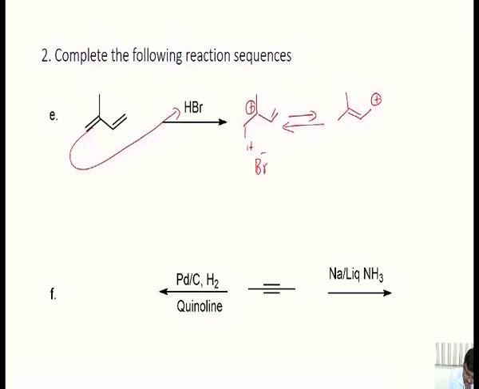If you look at here, this tertiary carbocation is sterically hindered, then you can form this allyl carbocation.